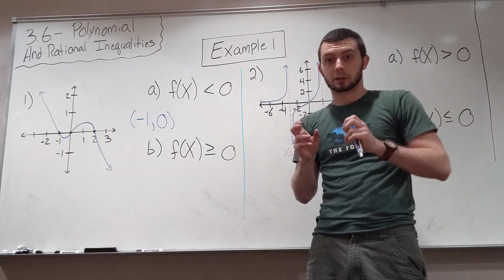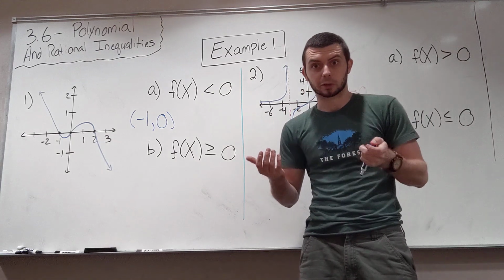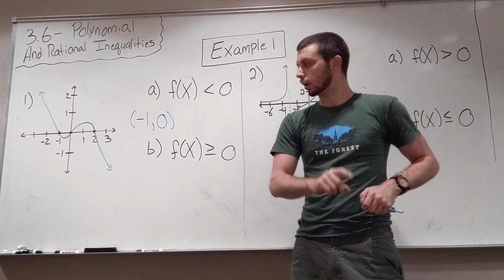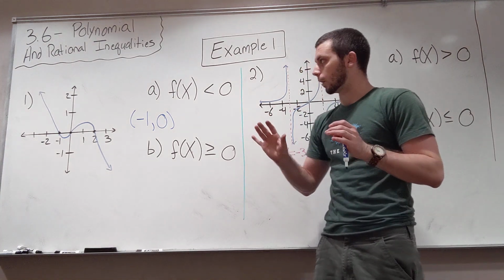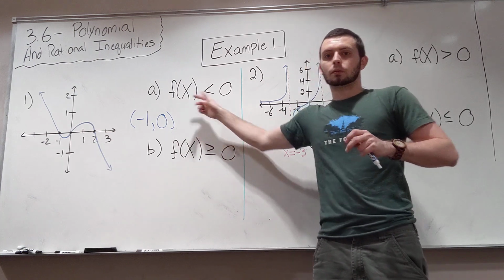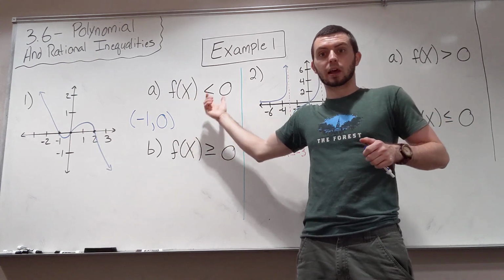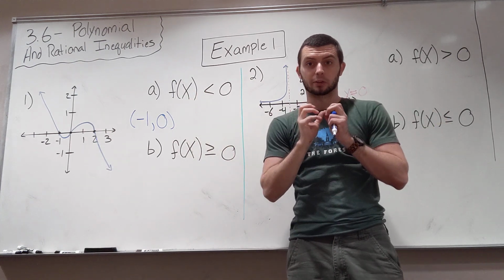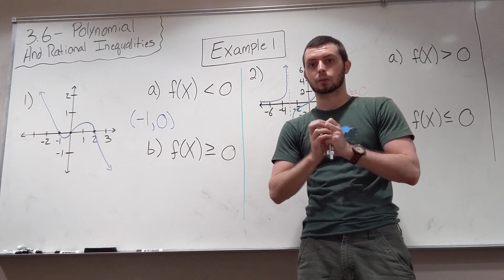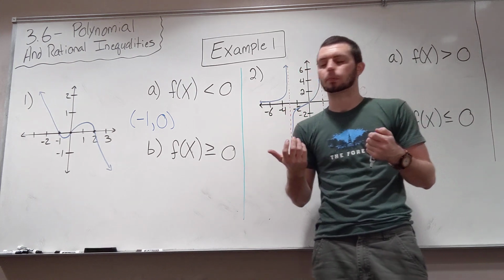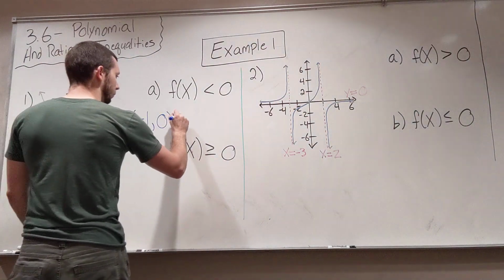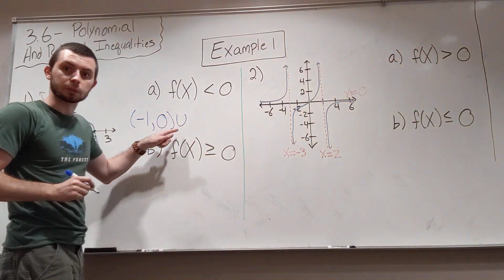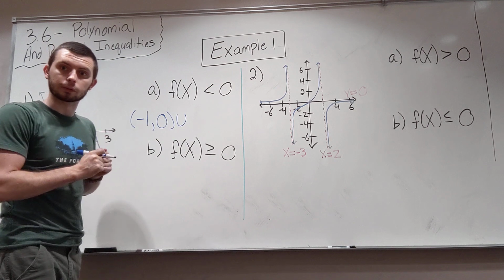The solution set is singular, which means they want one thing. The solution set means all the intervals that satisfy representing the graph being below the x-axis have to be glued together. This is a singular thing because of the way they're asking for the problem. So that's what motivates a union symbol here. Remember the union means the glue between intervals.